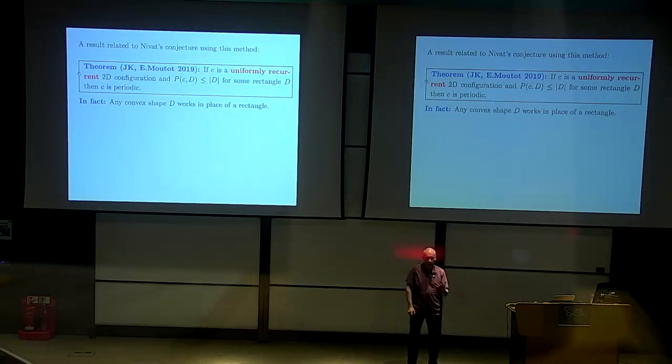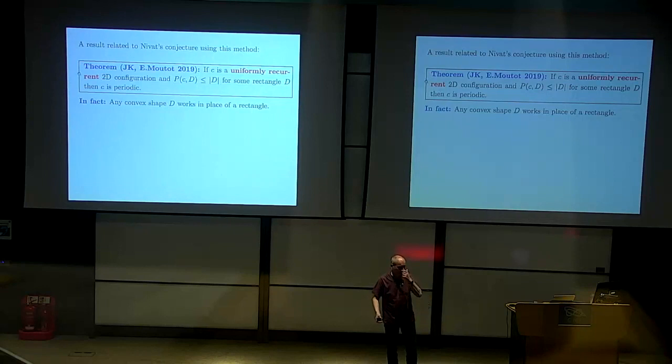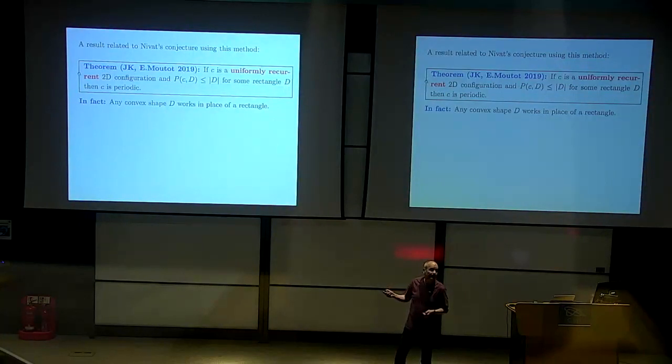If you have a configuration with the property that any finite pattern that appears in it appears densely, meaning there's an n so that every n by n square contains a copy of your pattern, then it's uniformly recurrent, it's repetitive. And we proved that if you have a low complexity configuration that is repetitive, it actually has to be periodic.